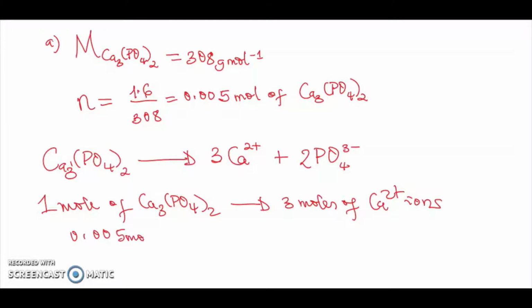So if that be the case, 0.005 mole of calcium phosphate will contain 0.005 multiplied by 3 divided by 1.